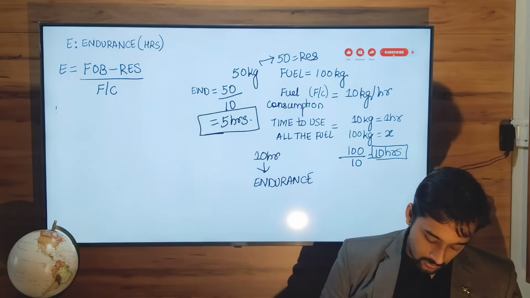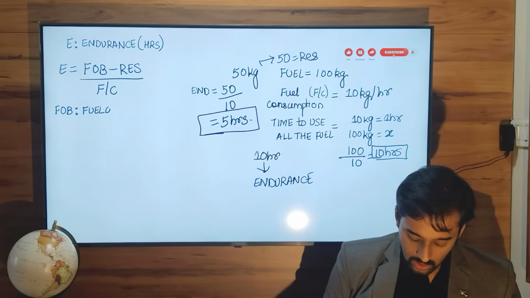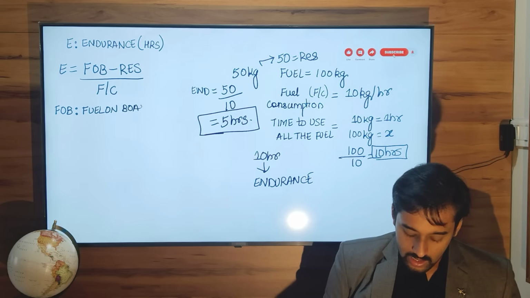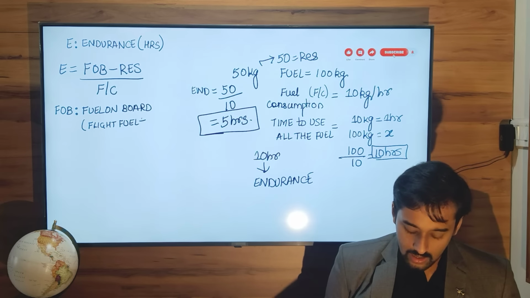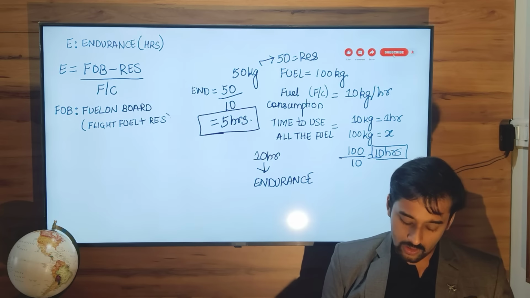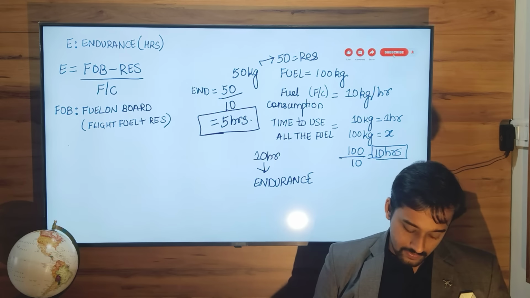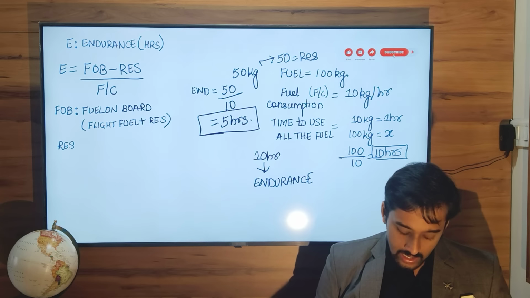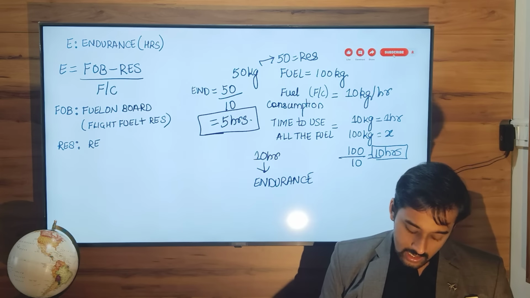Now, what is FOB? For those who don't know, the full form is fuel on board. This fuel on board is the total of the fuel that you will use to fly, flight fuel, plus any reserve fuel, extra fuel, contingency fuel, all those fuels. So fuel on board is the total fuel that you have. And RES is the reserve fuel that you have written here.